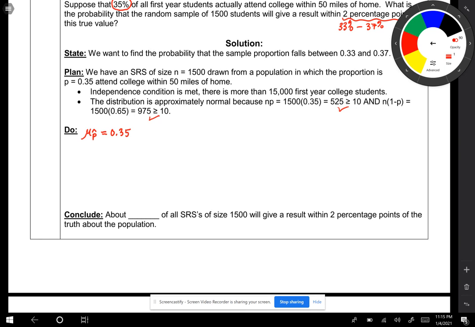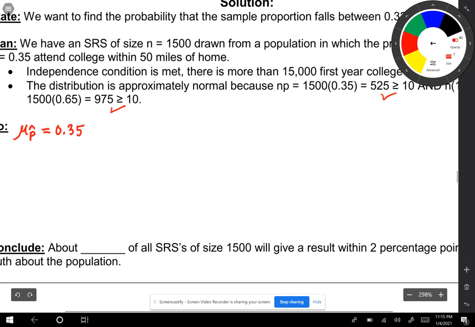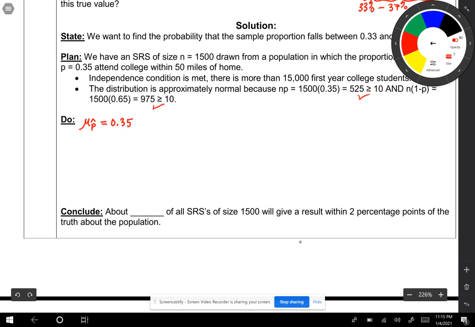And now we can do our standard deviation since we met our 10% condition. So the standard deviation of the sampling distribution is equal to the square root of p times 1 minus p, so that would be 0.65, divided by the sample size, which is 1,500, take the square root of it.